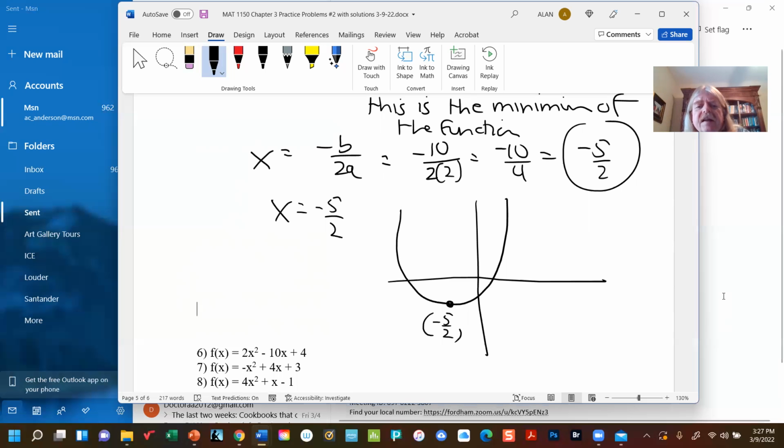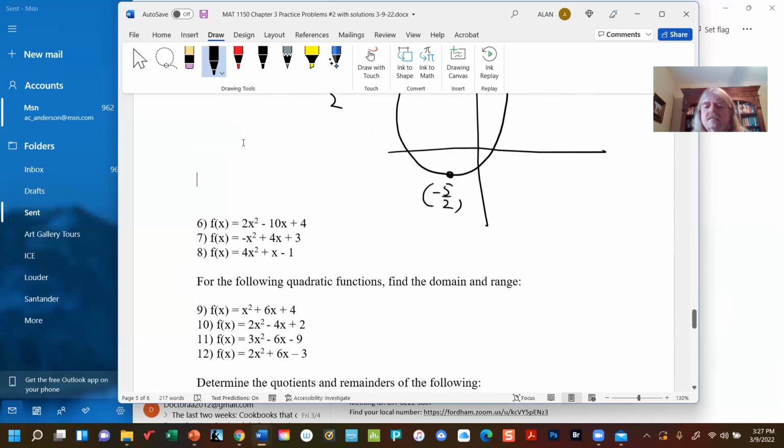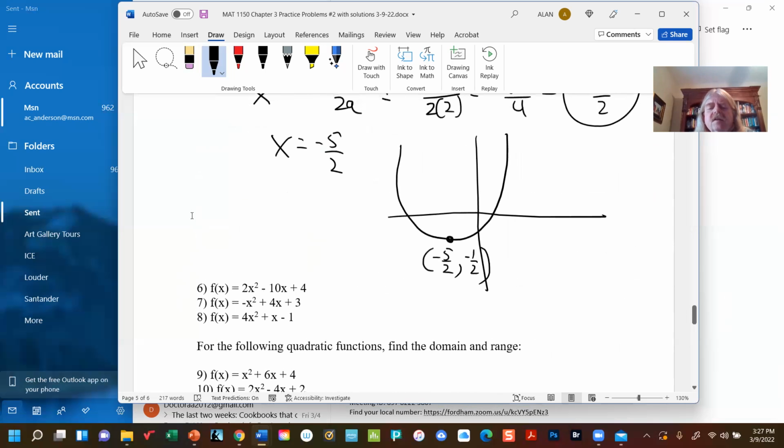So this is -5/2, comma, -1/2. And the axis of symmetry is simply the vertical line x equals -5/2. That's all it is.